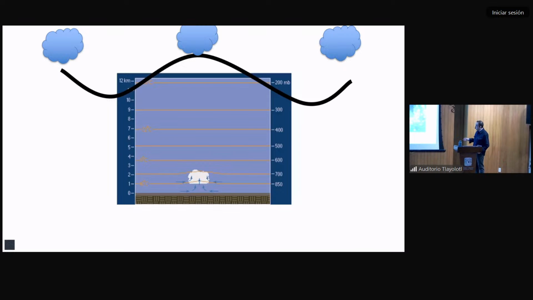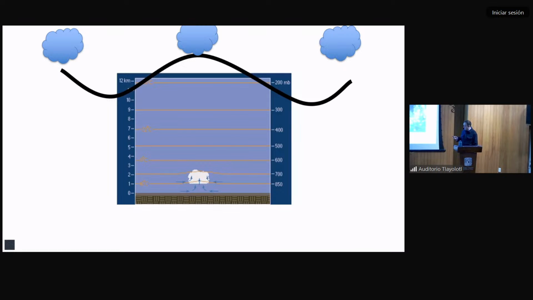Here's an example of this wave. You can see the wave pattern here. The easterly waves are perhaps first known because they are very related with the formation and initiation of tropical cyclones. And that's perhaps why they were first discovered.